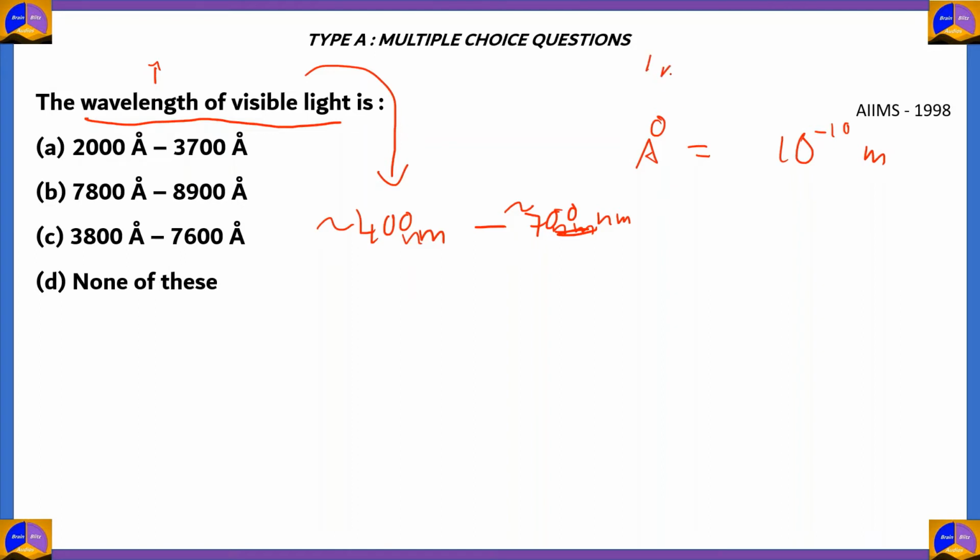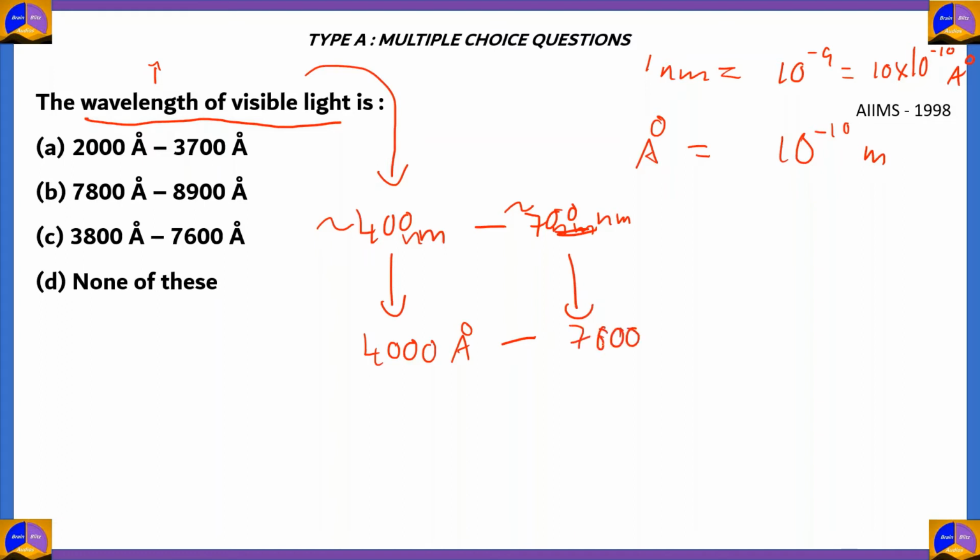And 1 nanometer is 10 raised to minus 9 meters. And so we can write it as 10 into 10 raised to minus 10 angstroms. Because 10 raised to 1 minus 10 would give you minus 9, which is 1 nanometer. So we can write 400 nanometers as 4,000 angstroms and 700 nanometers as 7,000 angstroms.